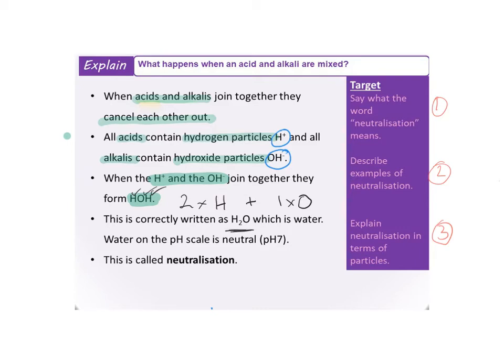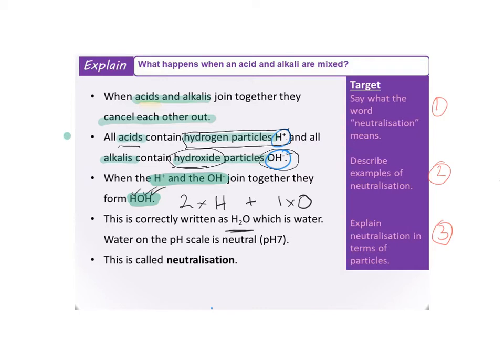So just to summarize so far, we know that all acids have got these particles of hydrogen in them, and they are positively charged. That's why they've got the little plus above them. In the example that I've given you, the alkali, which we said was a hydroxide, has got these OH particles in them, and they are negatively charged.